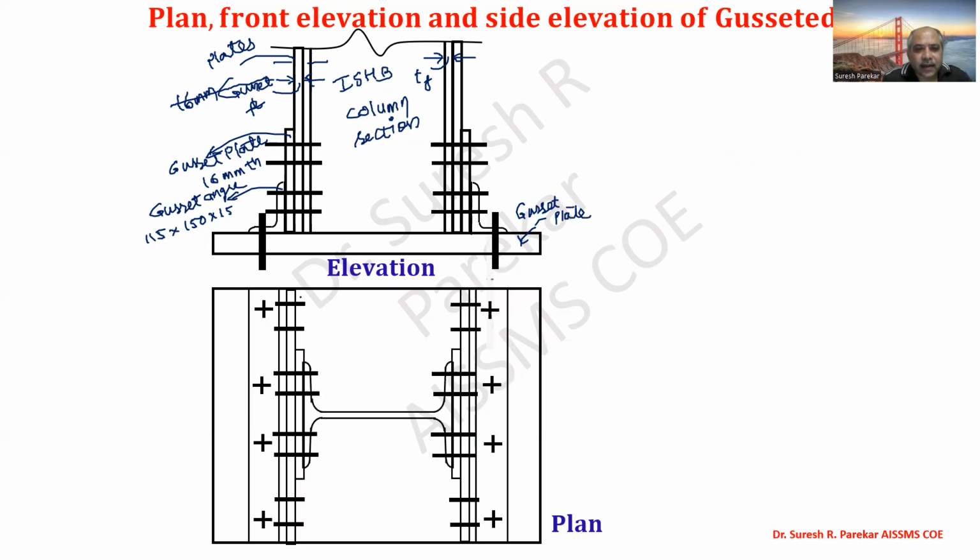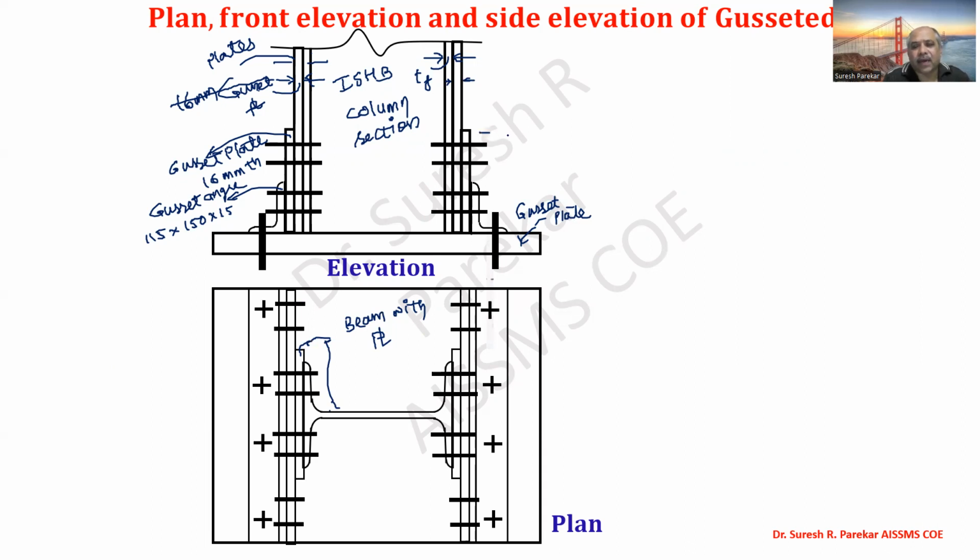You can see we have the column, and this column, beam and plate. So beam with plate, this is the column section. This plate I will mention, that is the thickness, this one. This is full, we have it throughout the length of the column.